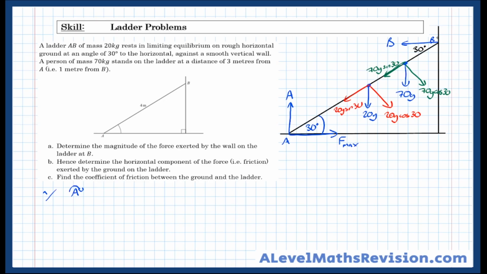So if I resolve that, parallel and perpendicular, I see that perpendicular, it's B sin 30 because it's opposite the angle, and down parallel to the ladder is B cos 30. So it's looking a little bit messy there, but that's unavoidable given how much resolving we've done.